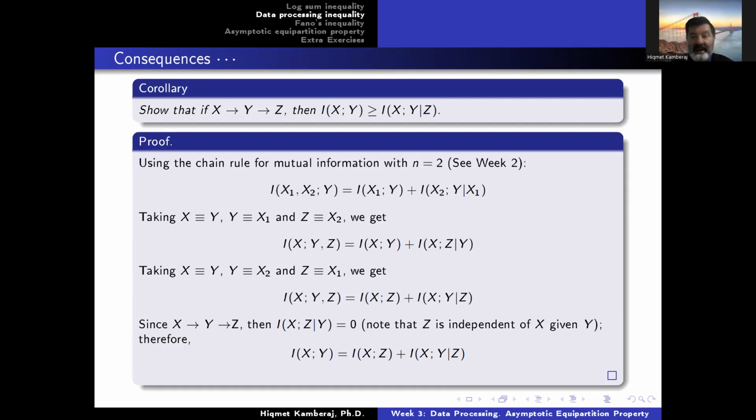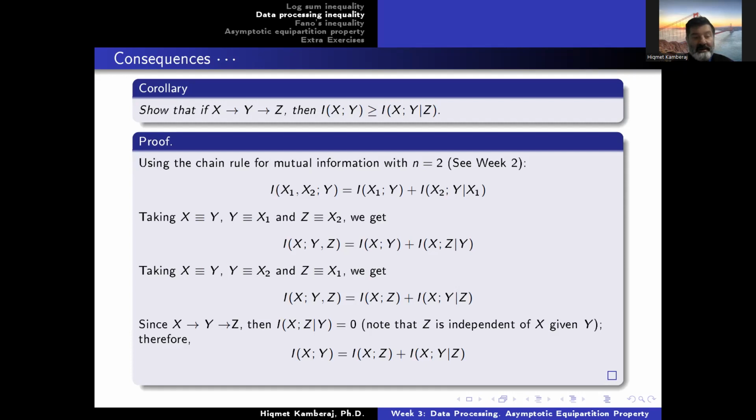We rename x as y, y as x1, and z as x2. Then we can write that the mutual information between x and the pair y and z is equal to the mutual information between x and y plus the mutual information between x and z given y.